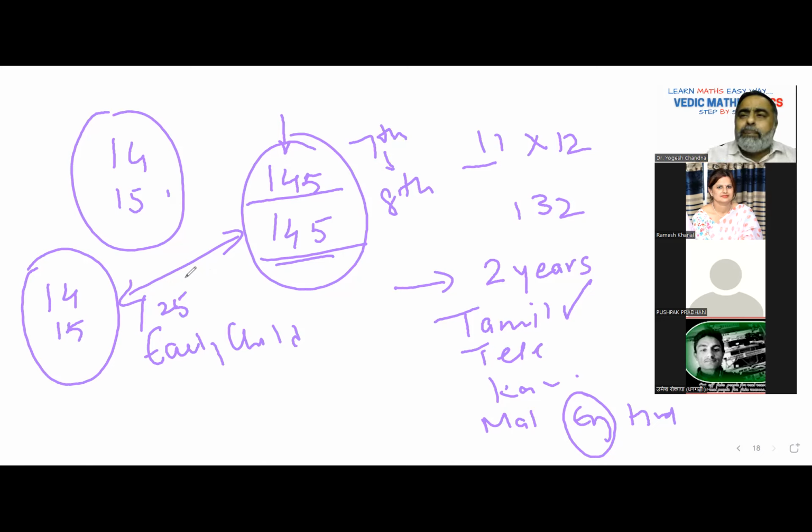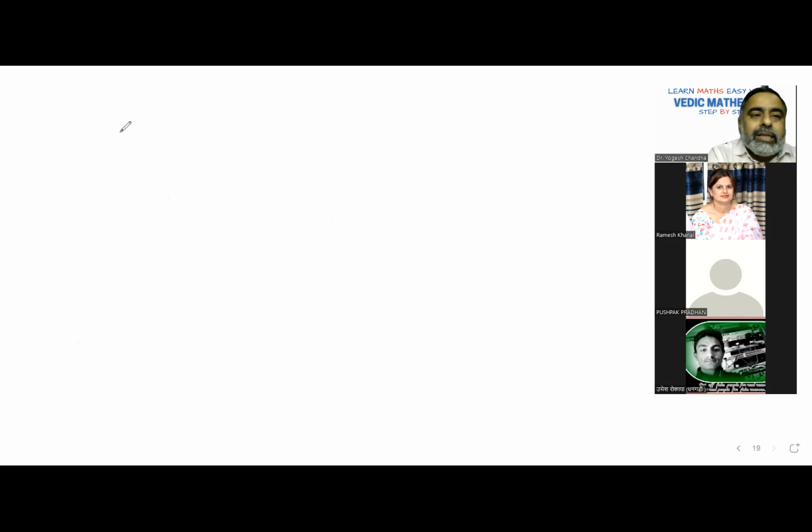Don't worry about the children. I have not shared the books of age levels with you yet. I'll share the books for class 3rd to 5th, which will have different topics, and class 6th to 8th, which will have different topics. I'll give you one example.